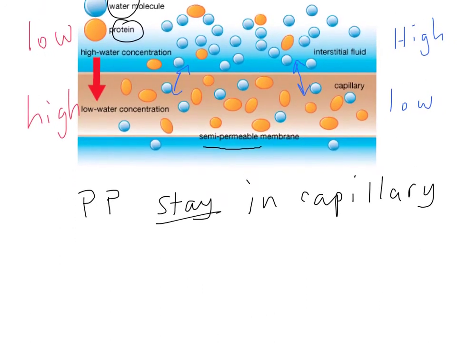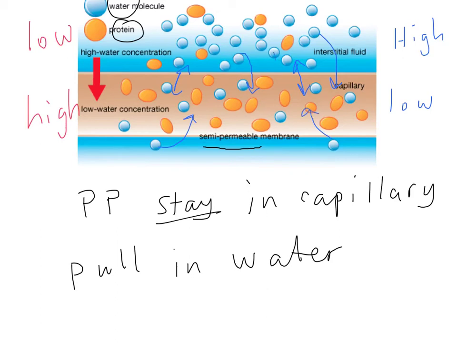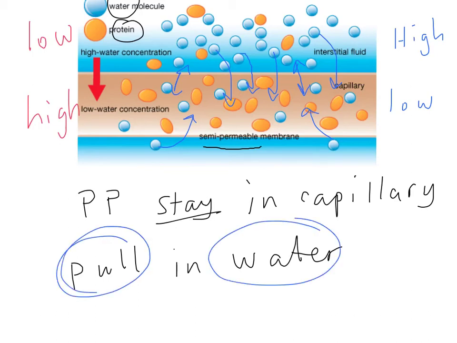But by doing that, just by staying, they are also pulling in water. So water will move down its concentration gradient through the holes that are small into the capillary, and the plasma proteins pull in water.